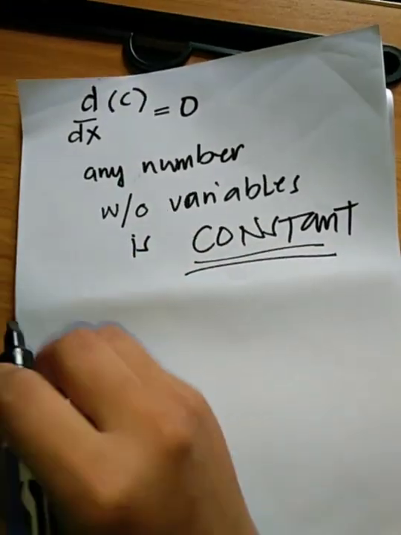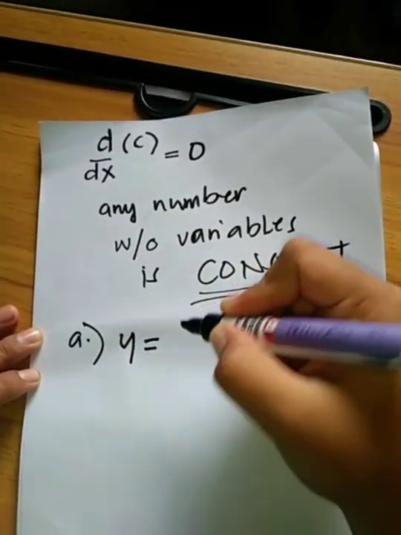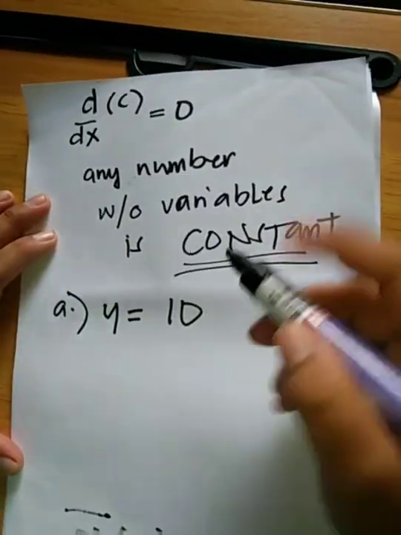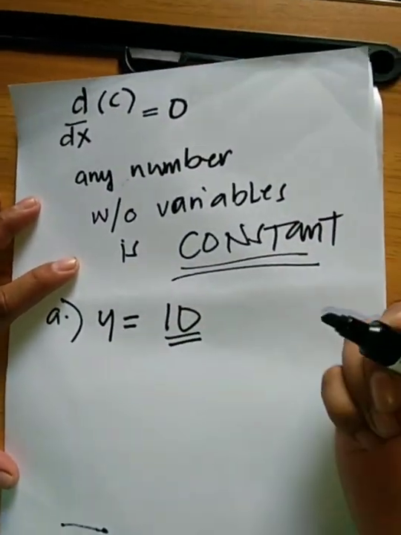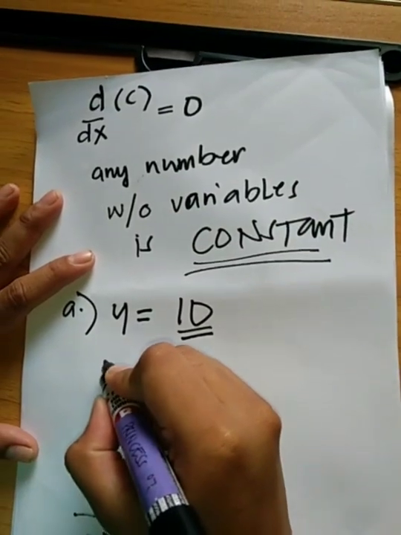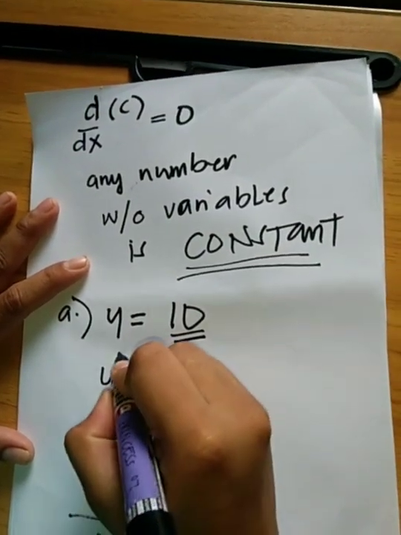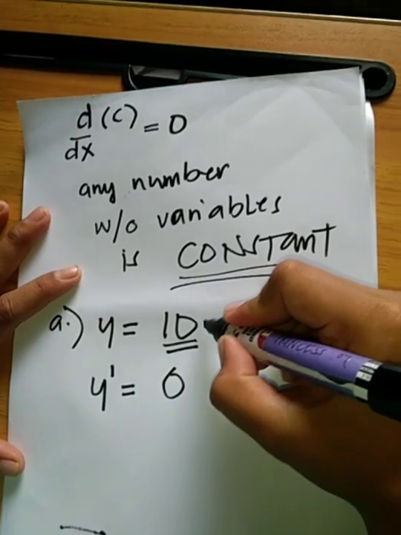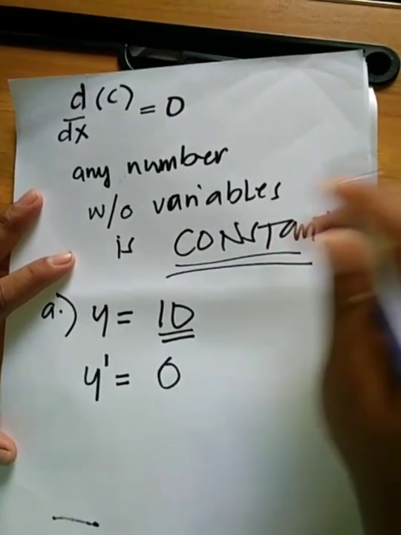For example, y is equal to 10. This is a constant number, so our derivative is going to be 0 because this is a constant number.